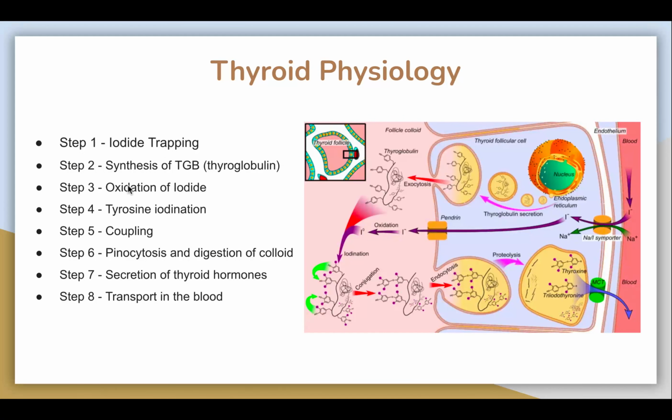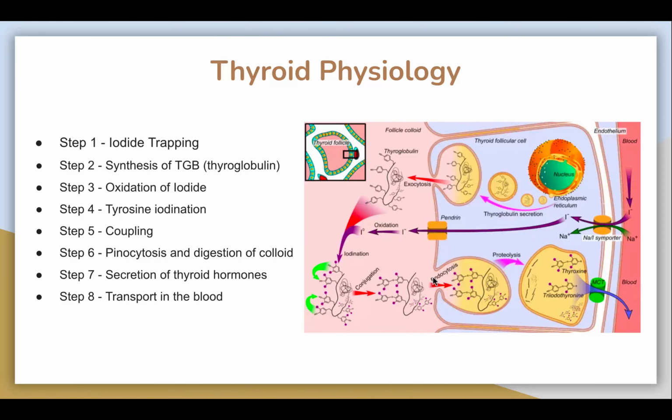Step 3 involves the oxidation of iodide, and tyrosine iodination happens next. Once you already have monoiodotyrosine or diiodotyrosine, you will have conjugation or coupling, where you eventually have either T3 or T4, depending on the specific component that is coupled.